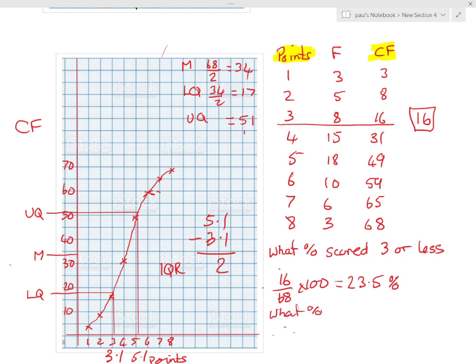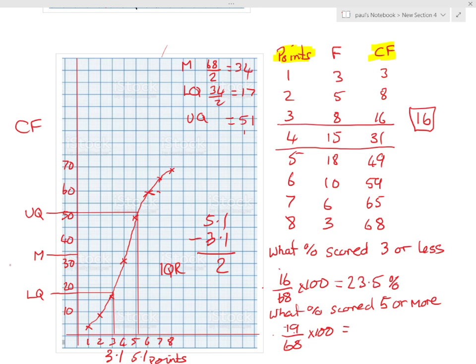Now, what percentage scored 5 or more? Right. So 5 or more is going to be everything below this line. So how many is that? 68 minus 49 is 19. So 19 over 68 times 100 equals, so you've got to be careful when you're going up and down.